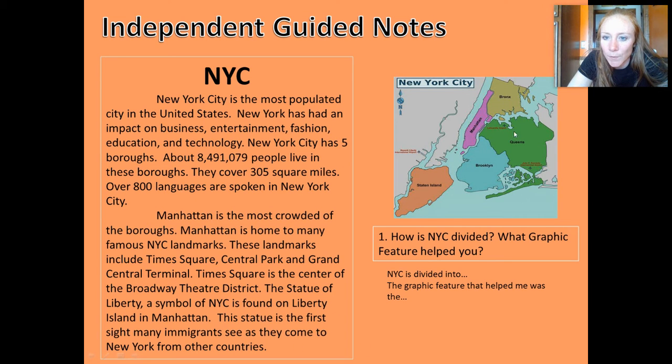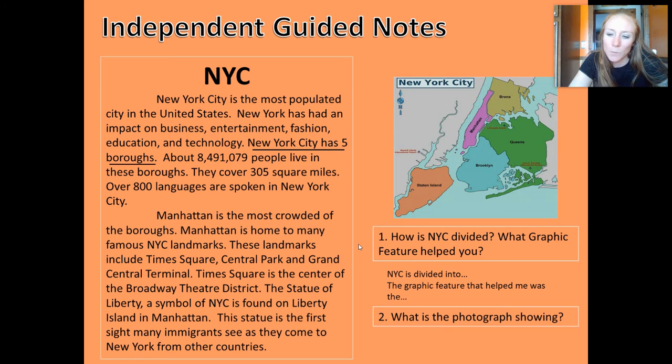One, two, three, four, five. And I can go back into the text and find that it says New York City has five boroughs. So for an extended response, my complete answer would be New York City is divided into five boroughs. I could even name them. The graphic feature that helped me was the map.